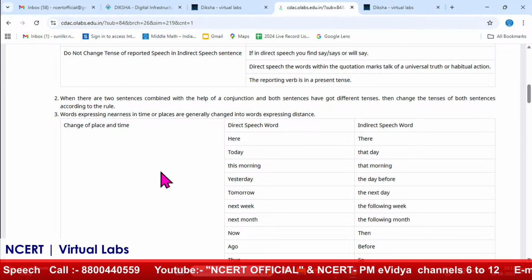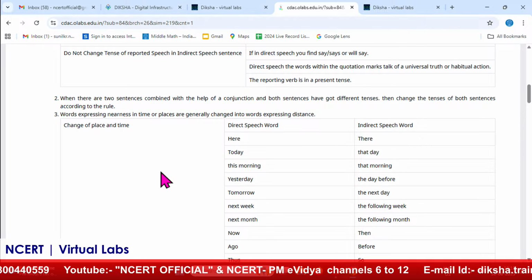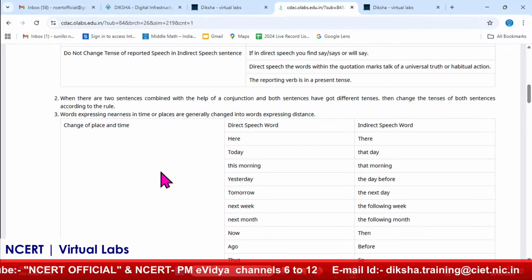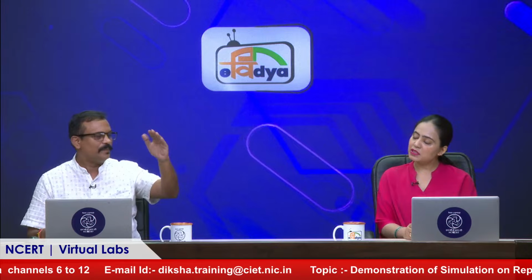Okay. Third part is words expressing nearness in time or places are generally changed into words expressing distance. So, this is also you have to understand conceptually, then it will become very easy. So, like she said "I am going" becomes she said that she was going, because it has already happened. Yes.